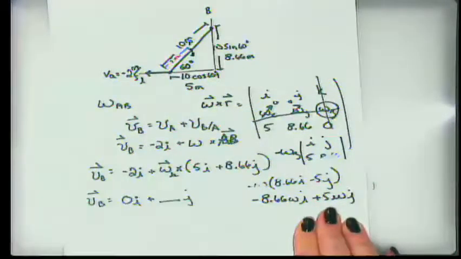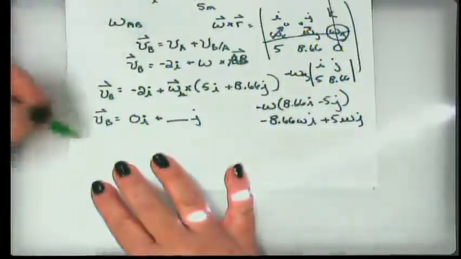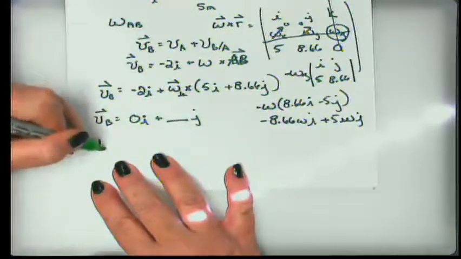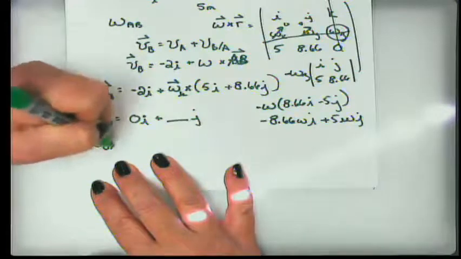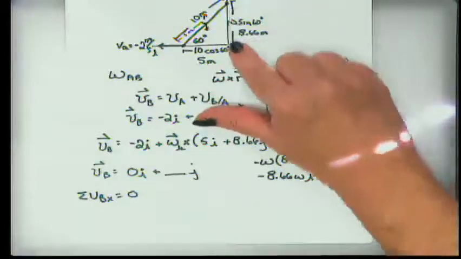All right, so then what I can do is I can break this up into the velocity, the summation of the velocity of B in the x direction is equal to 0, isn't it? Because in other words, B can't move in the x direction at all.